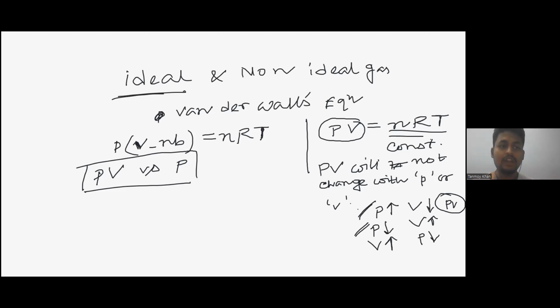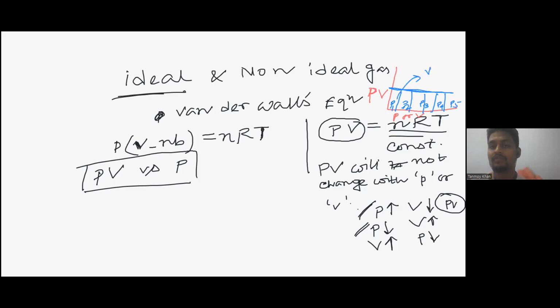So if you try to draw PV versus P, or PV versus V, whatever you want to draw, if something is not changing, it will always be the same value. That means it will be a straight line parallel to the x-axis, because whatever the values of P are, P1, P2, P3, P4, P5, PV is always constant.